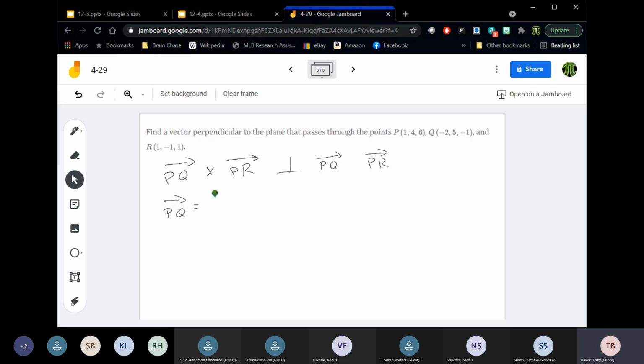So we have -2 minus 1, and that's I, plus 5 minus 4, J, plus -1 minus 6, K. So remember, to find the vectors from points, you're just subtracting the endpoint minus the initial point. So in this we get -3i plus j minus 7k.